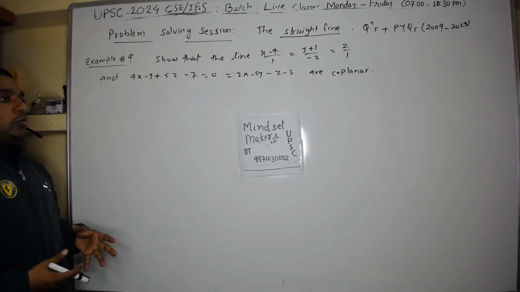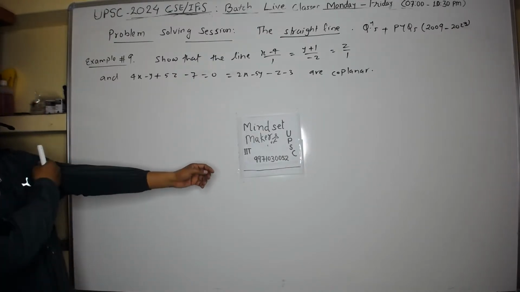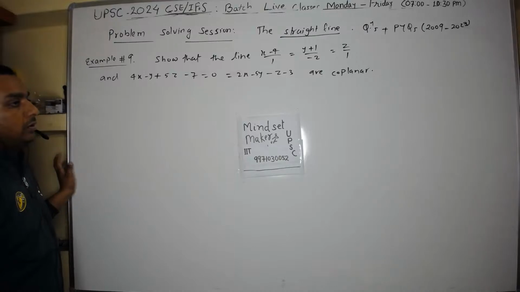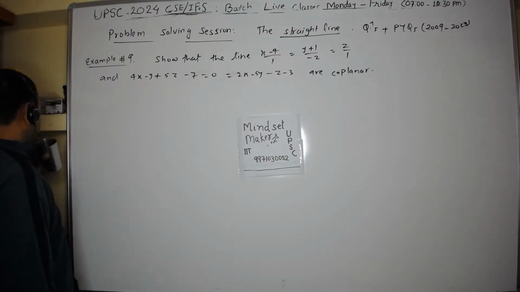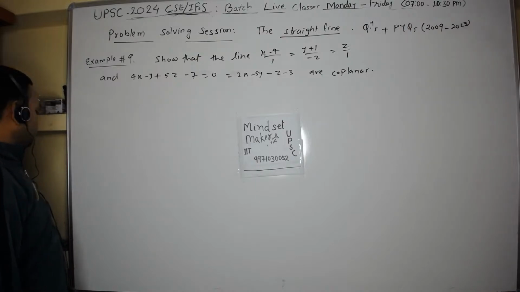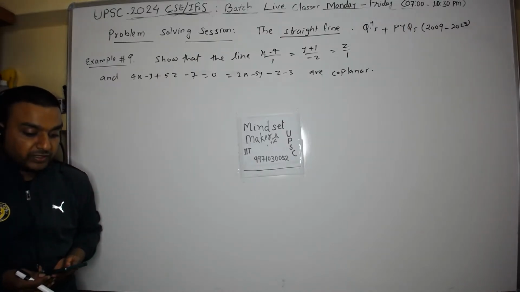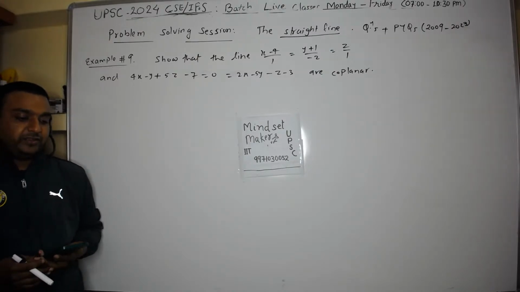Two lines are coplanar. What I told you in that conceptual clarity. Recall कीजिए फटाफट सभी लोग. If they are in the same plane, हाँ that is fair.